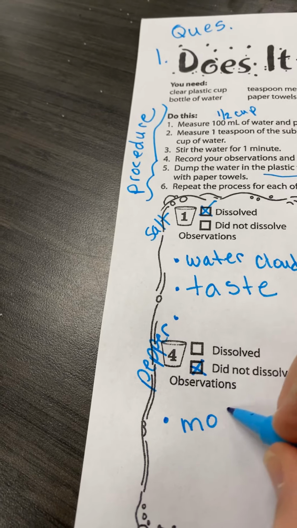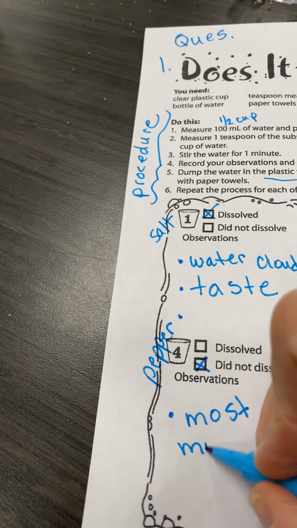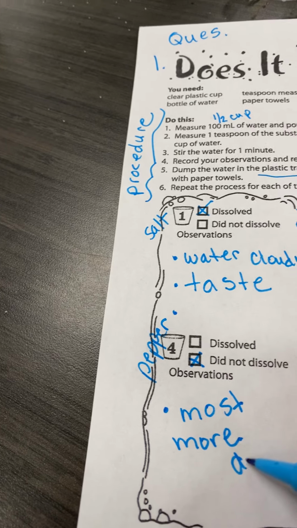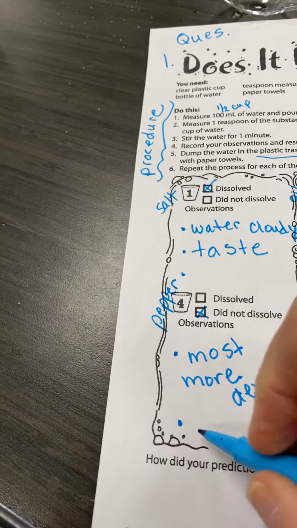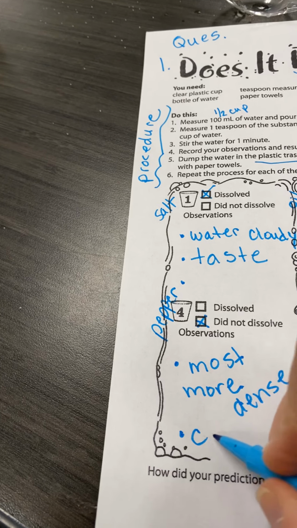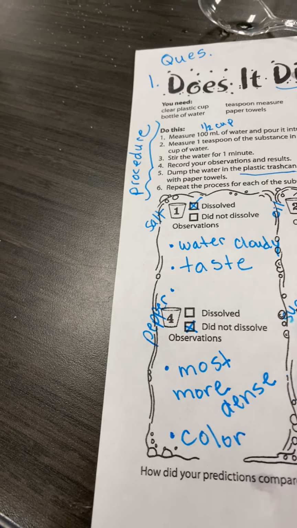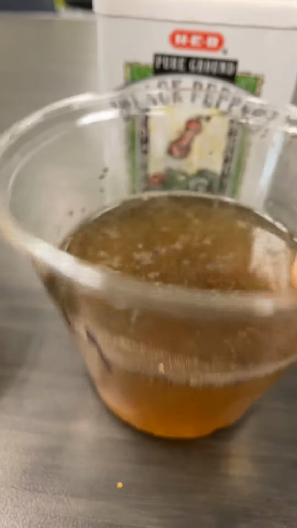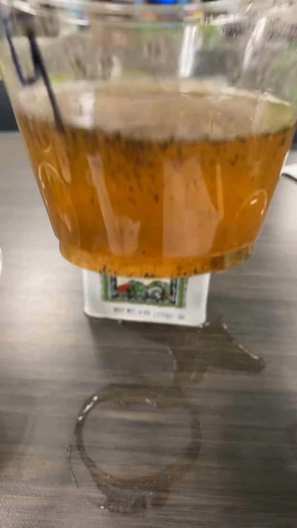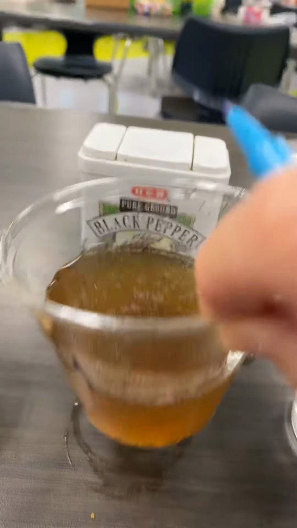Most of the pepper is more dense. It sank. Kept its color. Okay. Some of the color did kind of mix, but the majority of the pepper sank down to the bottom.